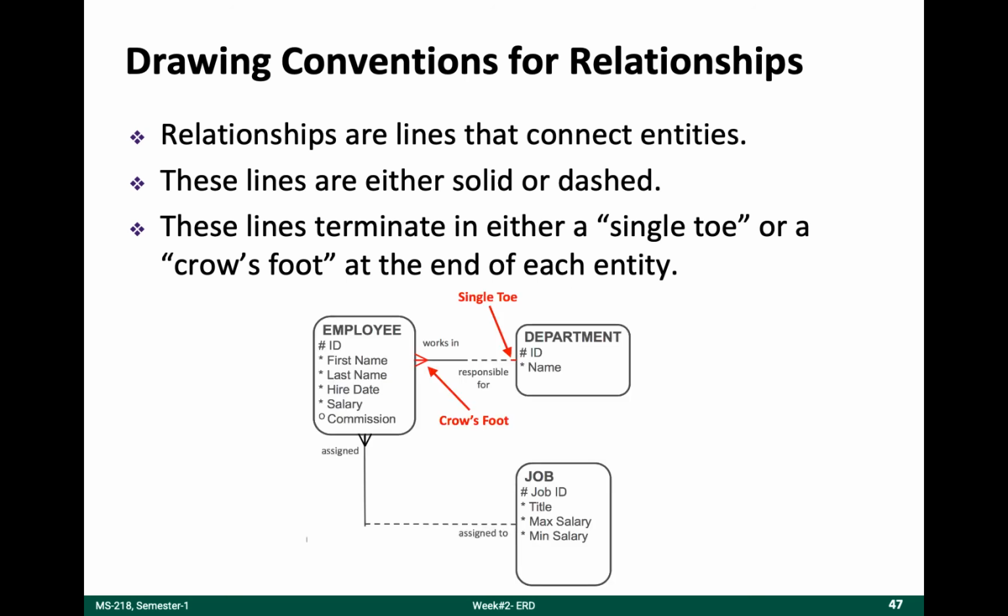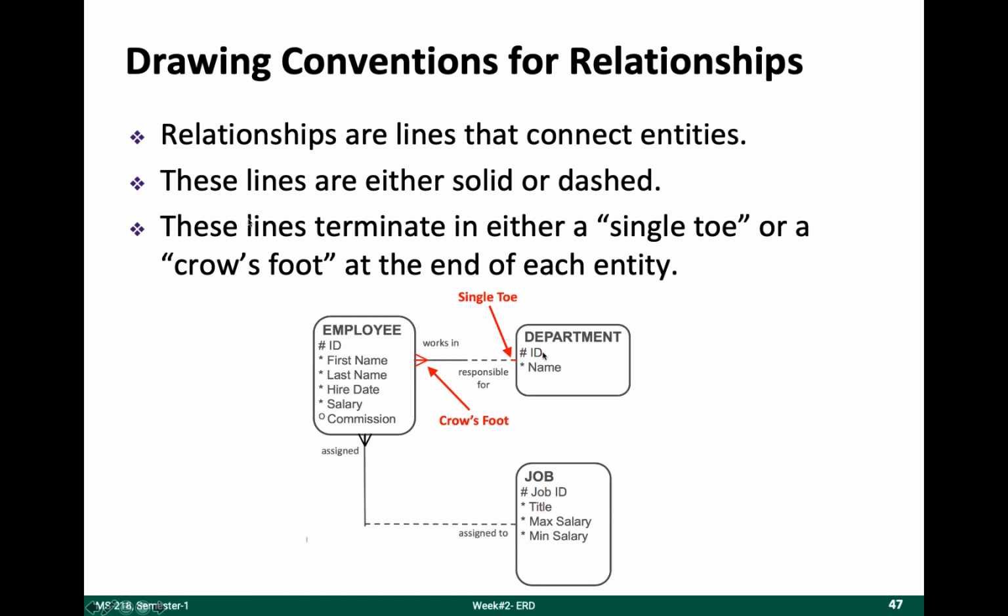So you can see, this is a solid line and this is a dashed line, and it means that the relationship from the employee side is mandatory. Each employee must have some department.